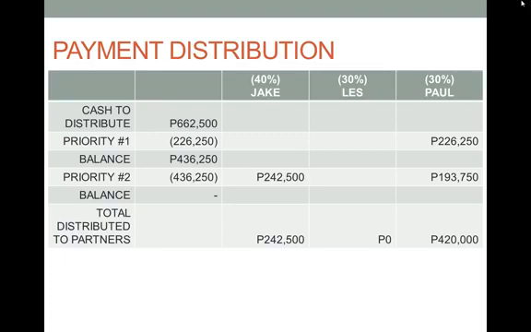Since alam natin na may balance pa si Jake, the payment of the balance to Jake is distributed in the second installment, kapag may available cash to pay the partner. So, total distributed to partners: to Jake, 242,500, then to Paul, 420,000. Yan yung sagot sa first question.